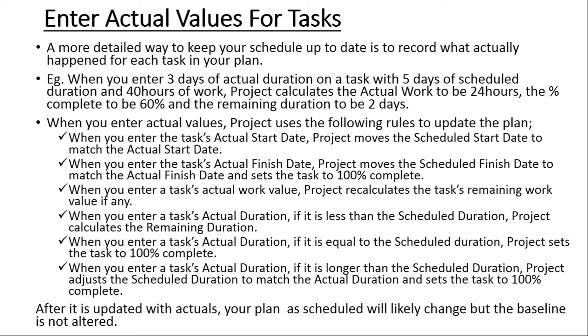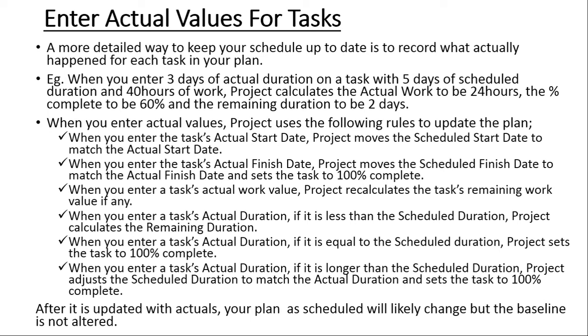So going back to our example, the scheduled duration was 5 days, but we entered the actual duration as 3 days, which is less than the scheduled. So what it does is it calculates the difference between the 3 and the 5, and then it makes that 2 days the remaining duration.